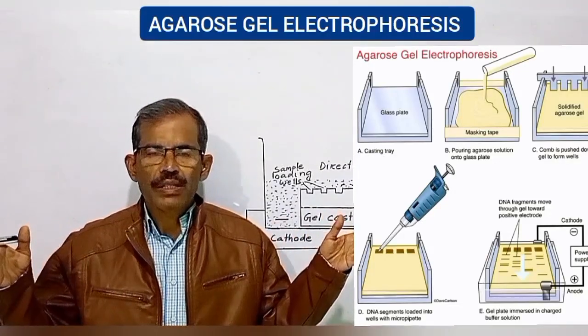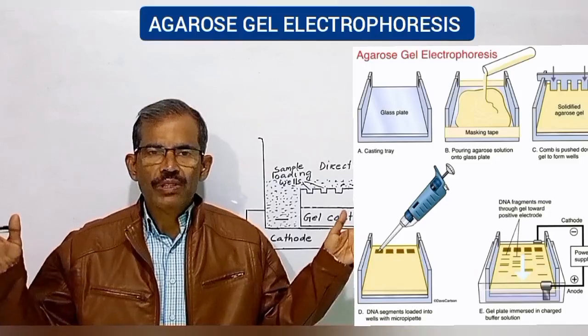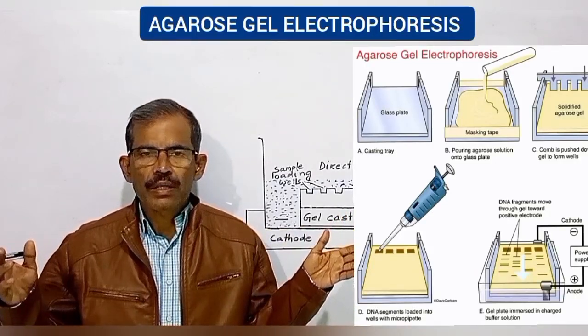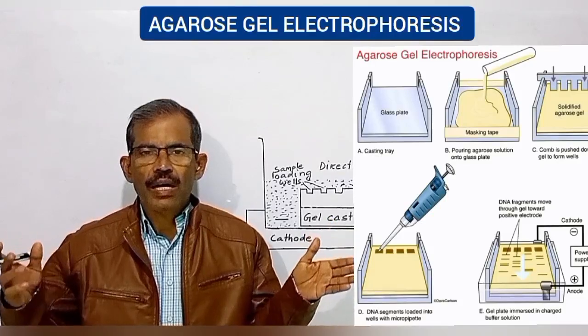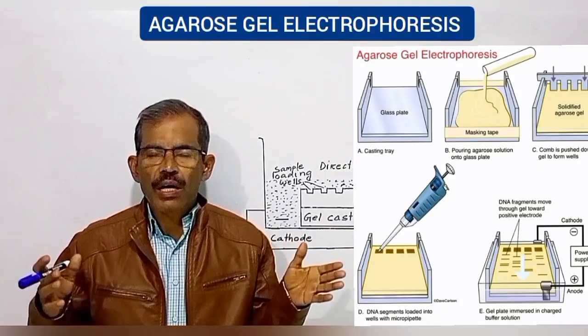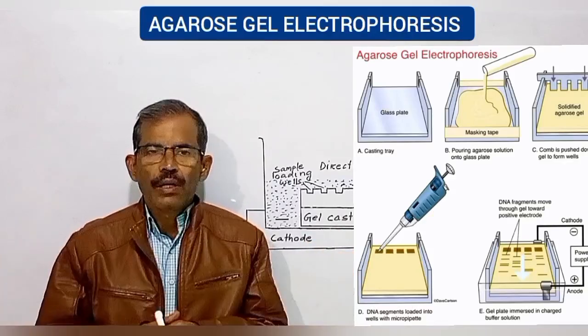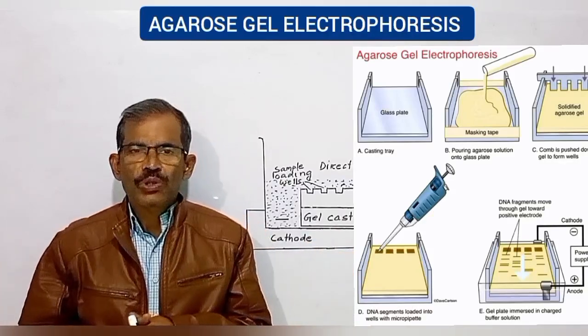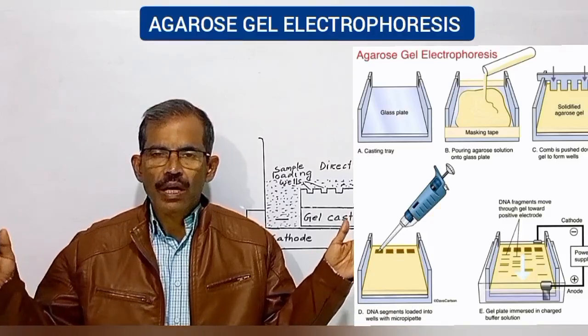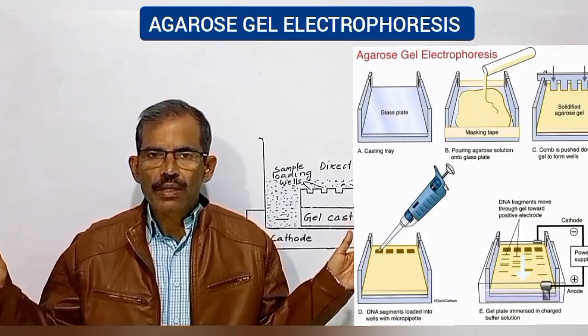Agarose forms a gel matrix with pore sizes that are suitable for separating DNA fragments in the range of 0.1 to 25 kilobase pairs. Generally, the pore size ranges between 50 to 200 nanometers in diameter.